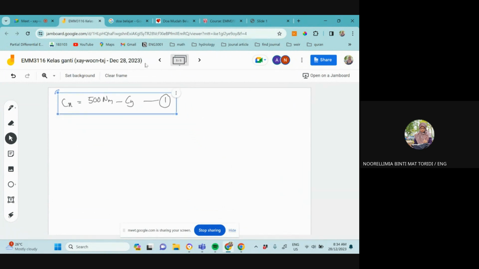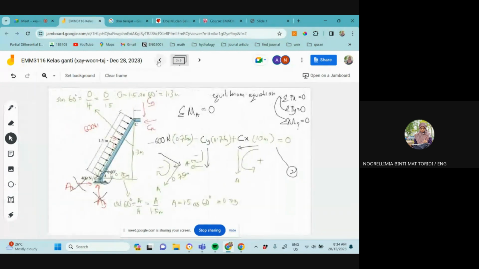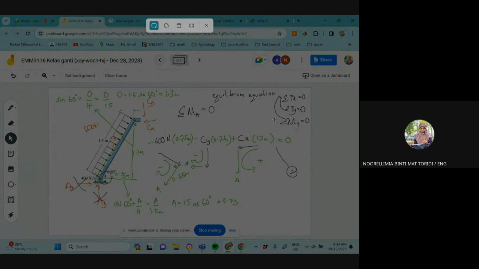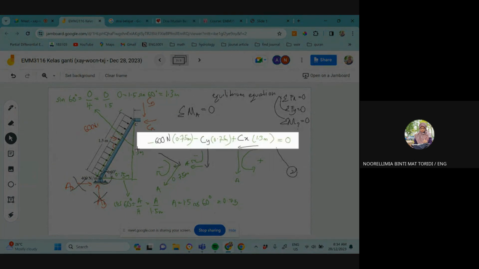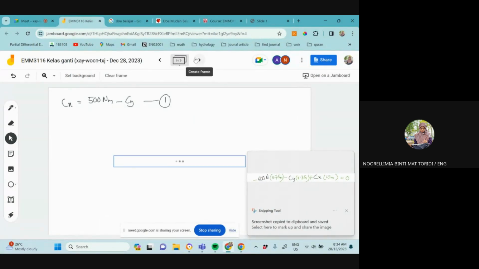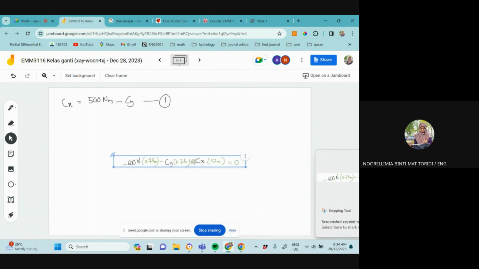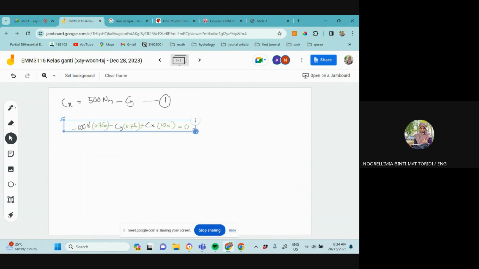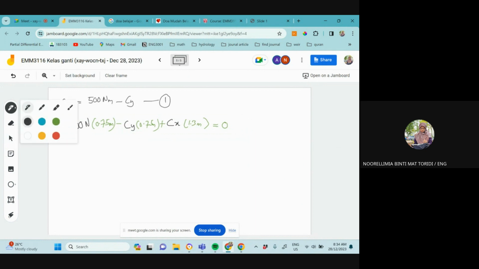Okay, and then this one, okay, this one you have to simplify, then barulah boleh make it as equation 2. Okay, tapi saya put je lah kat sini. So this one is equal to 2.